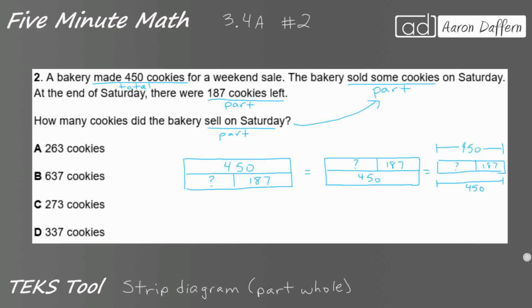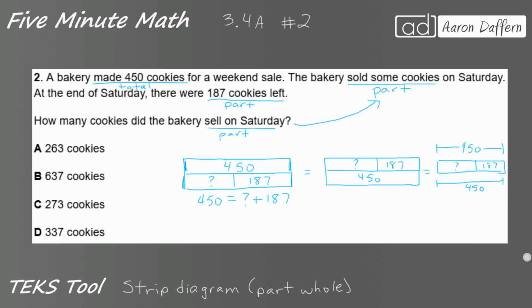What this lets me know is that these two quantities are the same. So it goes from side to side. This quantity is the same as this quantity underneath, and those two are the question mark and the 187 joined together. Now that's not going to really help me because I don't know how to get from 187 up to 450 by adding.